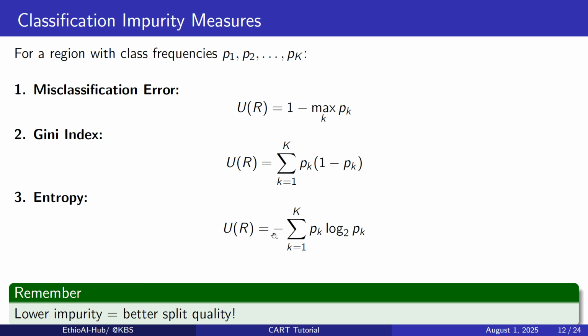In this case, the logarithm of a proportion is always negative. The negative here is because the logarithm of decimal points is always negative, so to cancel out the negative, we put a minus in front of pk times the logarithm of pk. So that's called entropy. The idea is we always want lower impurity, right? We want the leaves as explicit as possible, or as pure as possible.